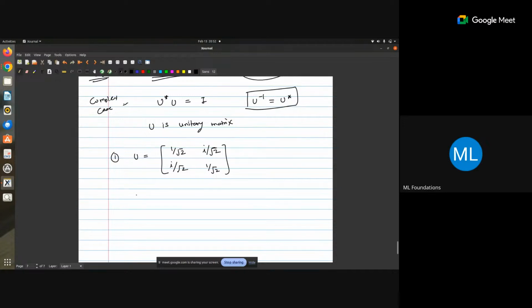How do we find it out? The first thing is you'll have to check whether these columns are orthogonal to each other or not. Maybe I'll show you. We take the conjugate transpose of the first column U1 and check whether U1 star U2 is equal to 0.